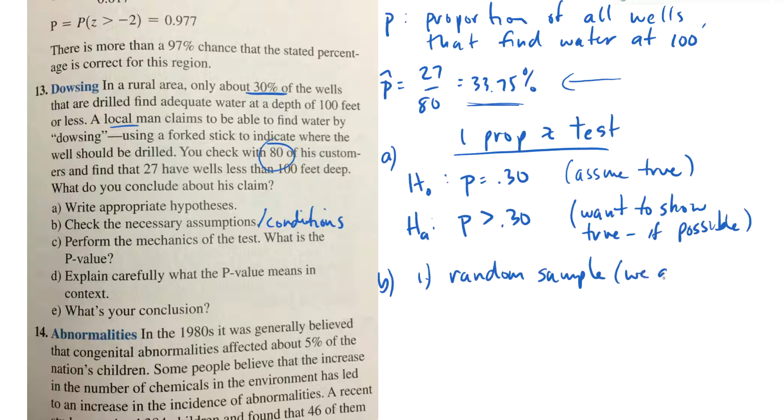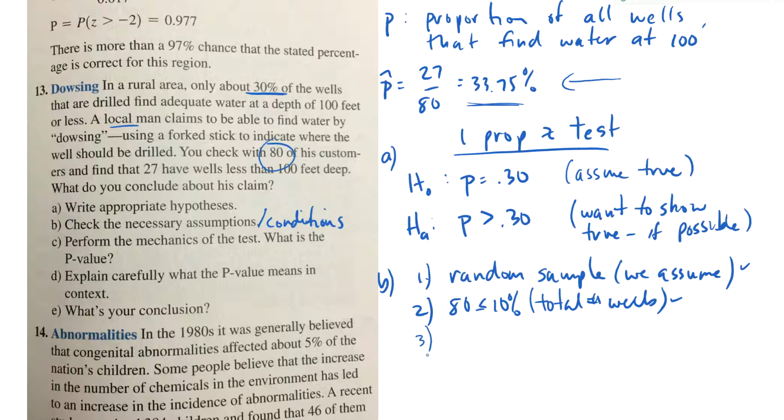Because if he is testing all in the same area where all the wells are not as deep, then that's going to affect the outcome, of course. Second condition, our sample size, 80, must be less than or equal to 10% of the total number of wells. And that's reasonable to assume, that there's more than 800 wells.